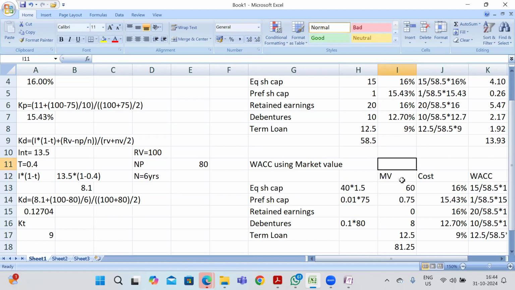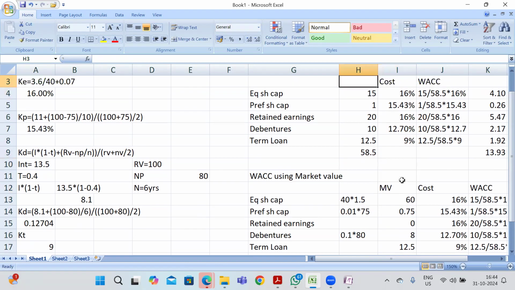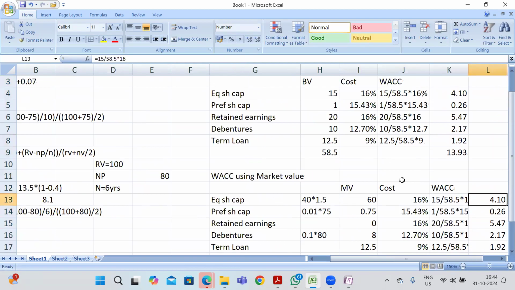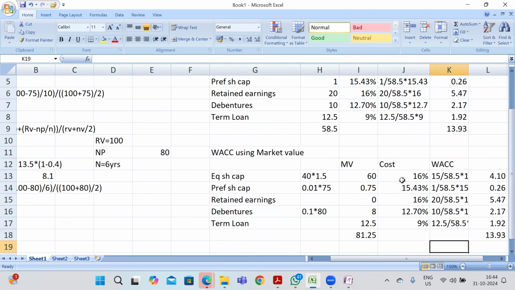So this is my market value. Here we calculated using book value, right? Now I want to apply my formula as 60 divided by 81.25 into 16%.